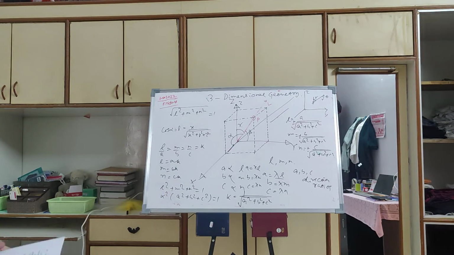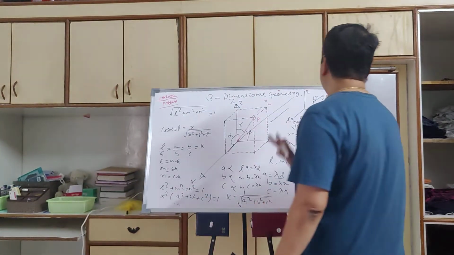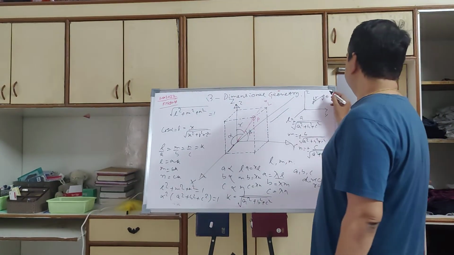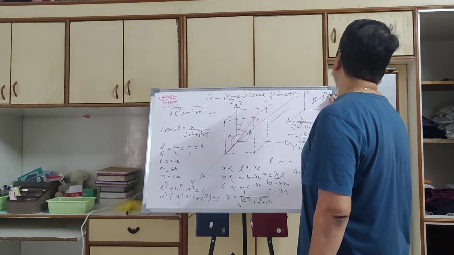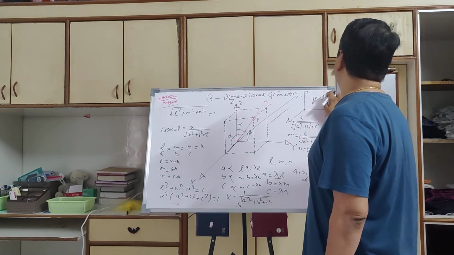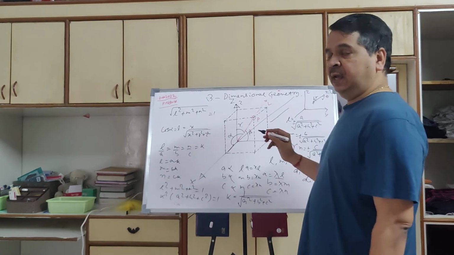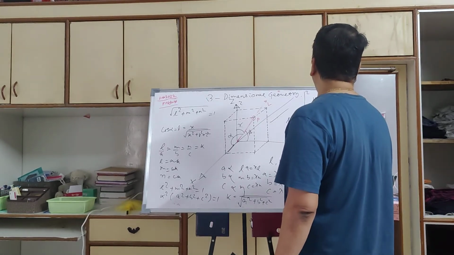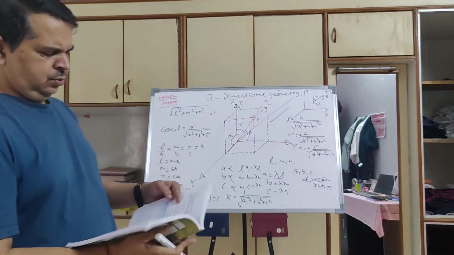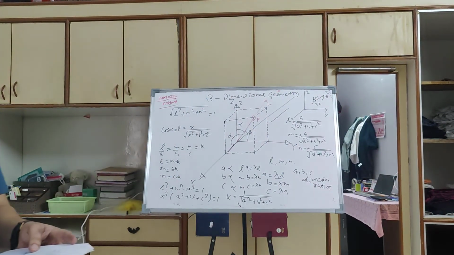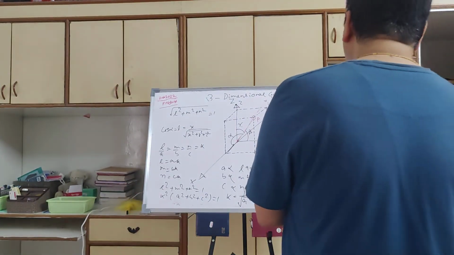When you do this projection, here what is happening? You have projected into the yz plane. So this point will have y2 and z2 as its coordinates, and this point will have y1 and z1 as its coordinates.